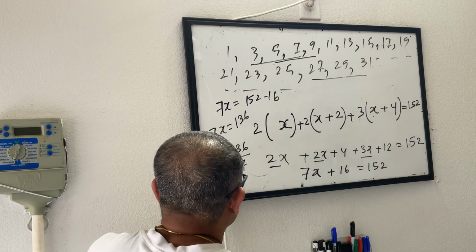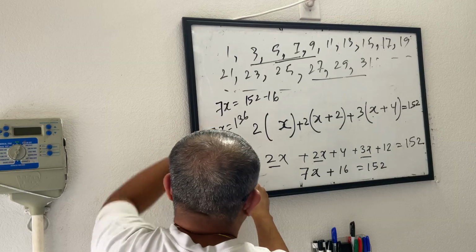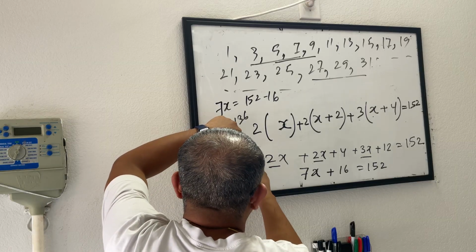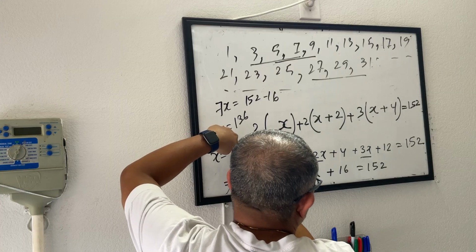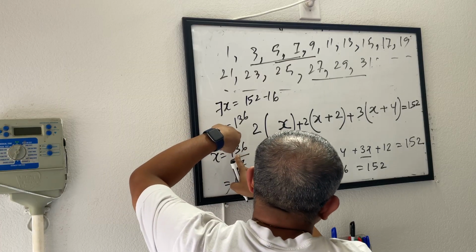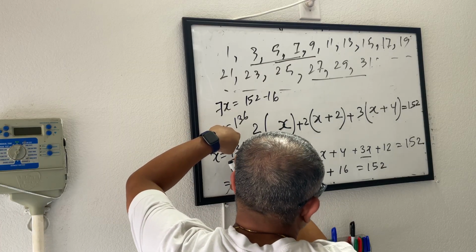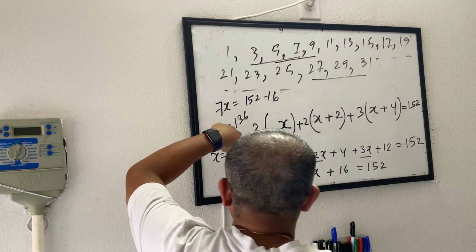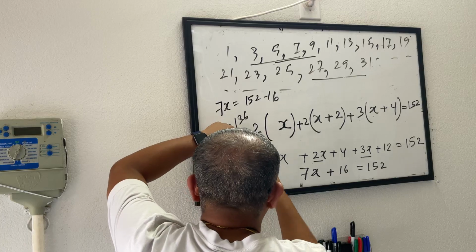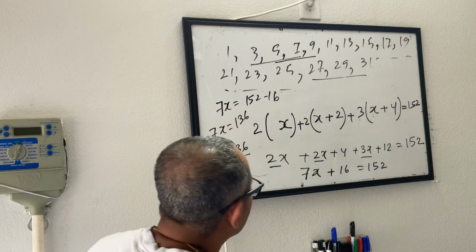Let's see how much it is. 7 minus 7... Did I do something wrong? 7 minus 7, 6, 6. No, this doesn't seem to be right.